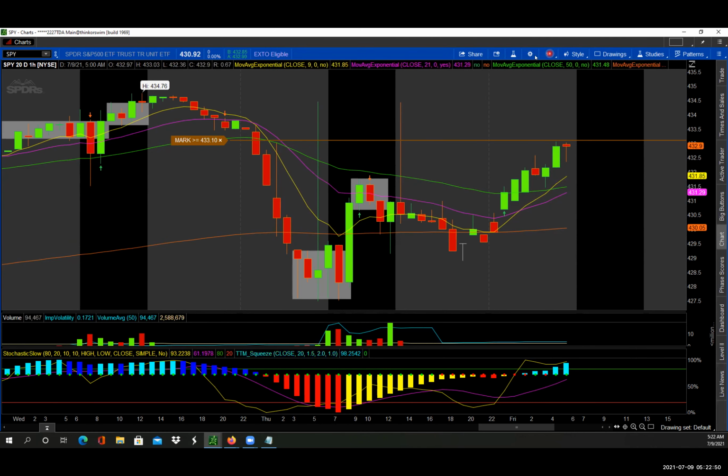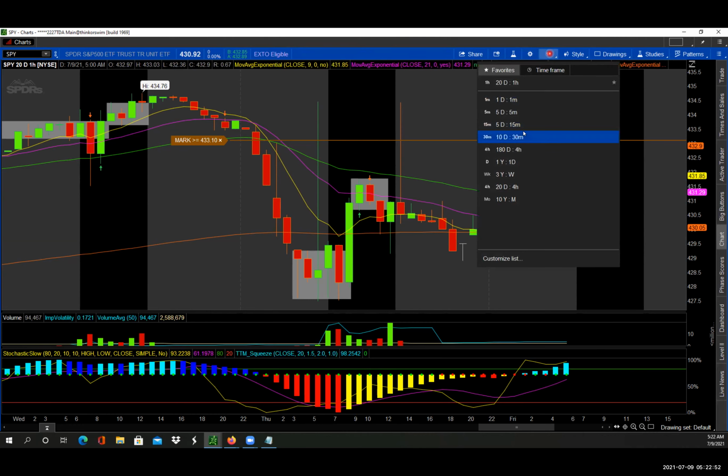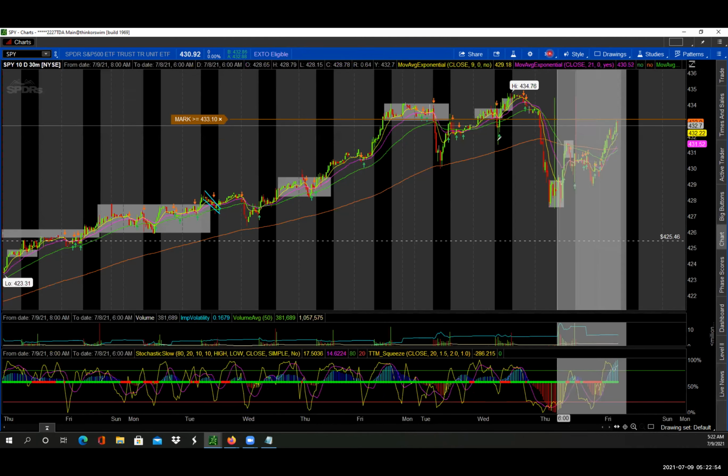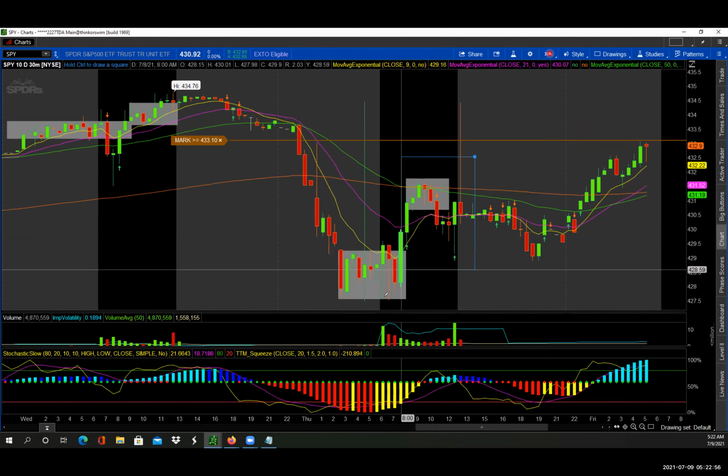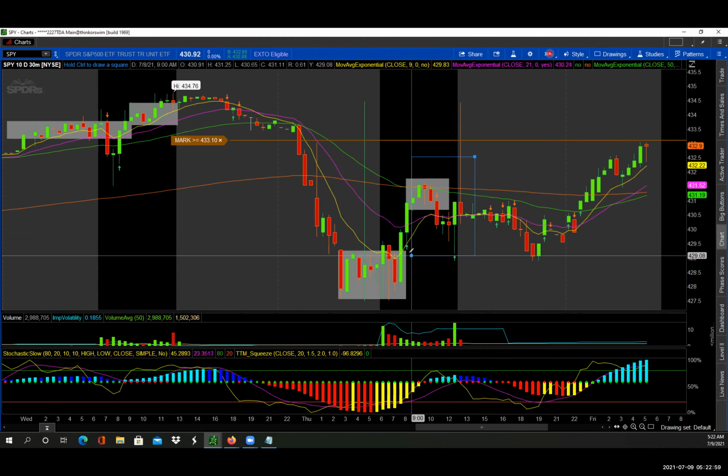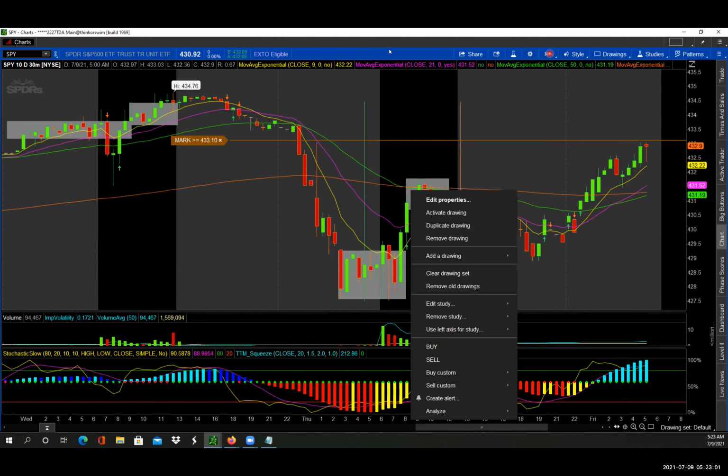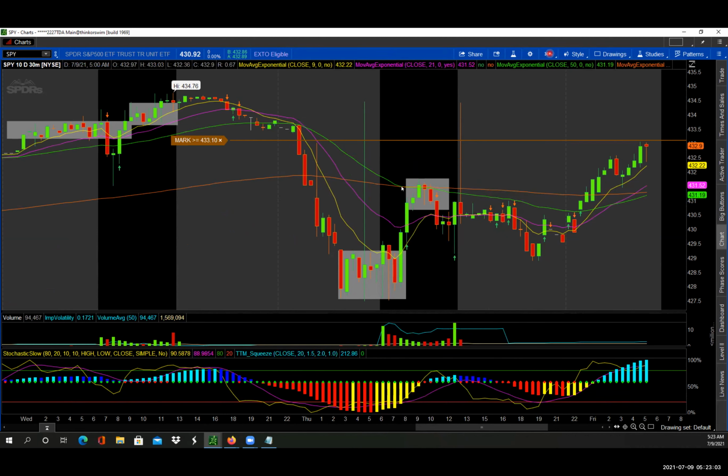So if we go to the 30-minute, we had the crossover at the 15-minute, but here my moving averages acted as my resistance, which was my 50, my 200 right here.